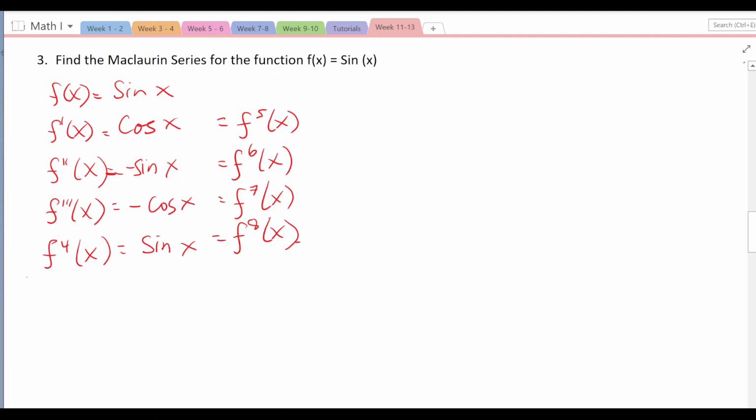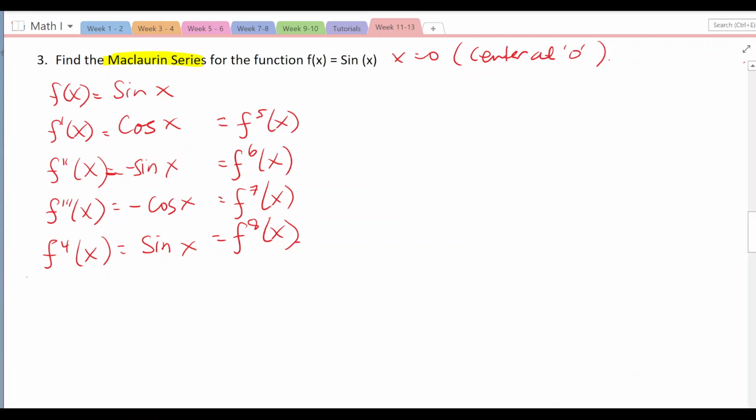Alright, so now we start to substitute our x, with the center at 0, as Maclaurin, because we are dealing with a Maclaurin series. So we just have to find the value of sine 0, cos 0 and so on.